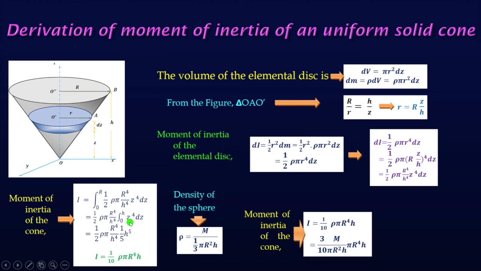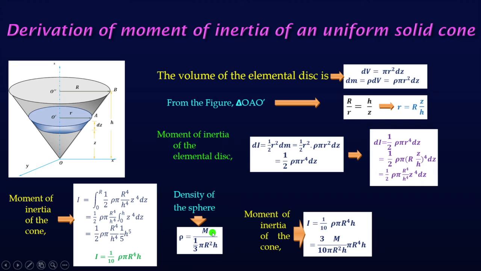Then after integration and substituting, we are getting this value in terms of density and r. To get the moment of inertia in terms of mass, we have to write again density equals the total mass of the cone divided by total volume, which is 1/3 pi r square h.